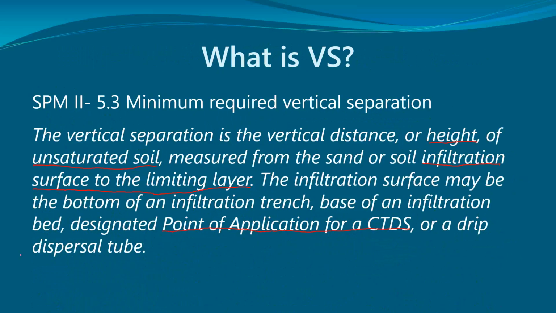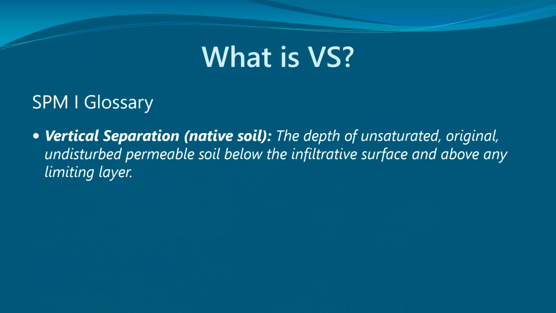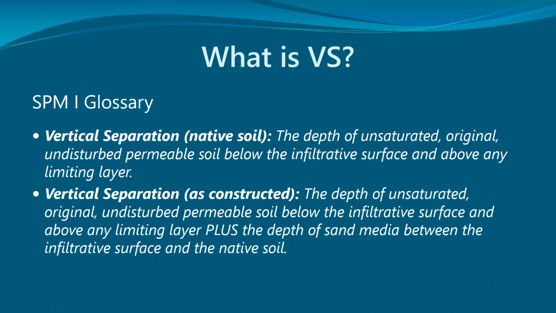For drip systems, it's the actual emitters, since there's no drain rock and so on. So, bear with me, a little more on VS. The glossary says this: it makes a distinction between native VS and as constructed, and so do the standards. In other words, there's two different VS standards we need to meet. One of them is the VS in native soil, and the other is the depth in native soil plus any sand media. So a sand mound, for example.